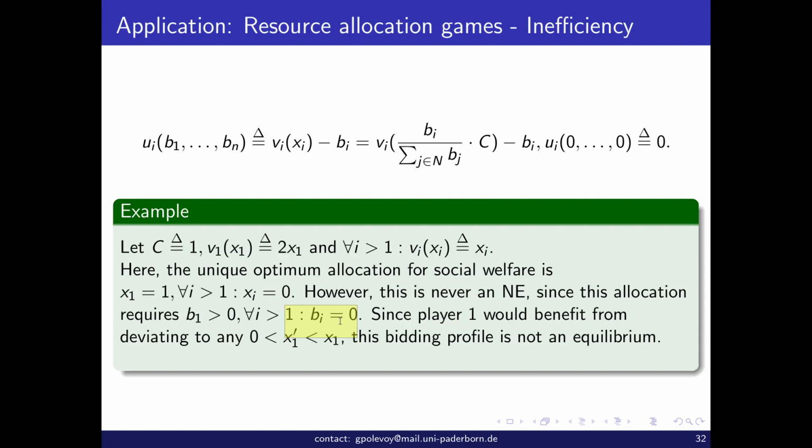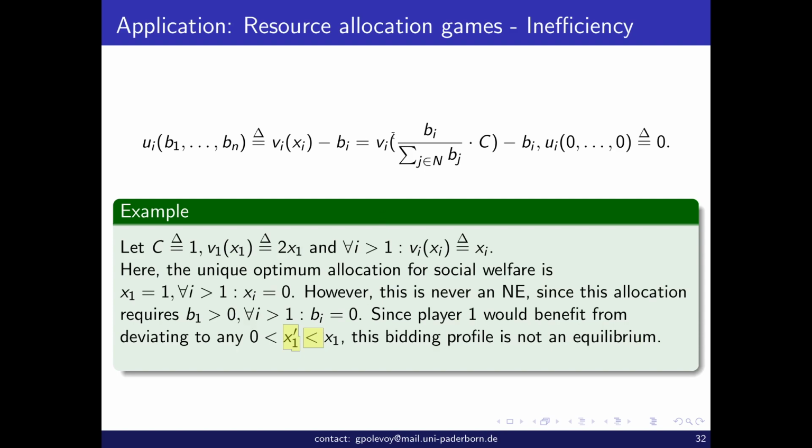But if that is the profile, then player 1 would also get everything if she just bids any positive number, because the others bid 0. So she can deviate to some value which is strictly smaller than x1, but is still positive.